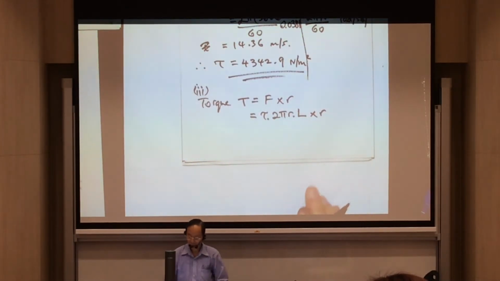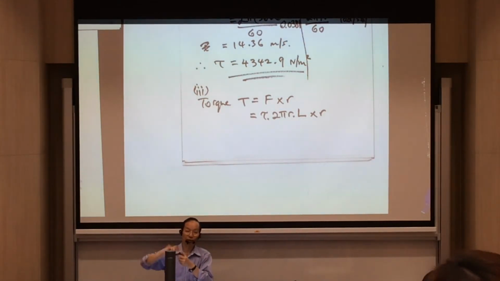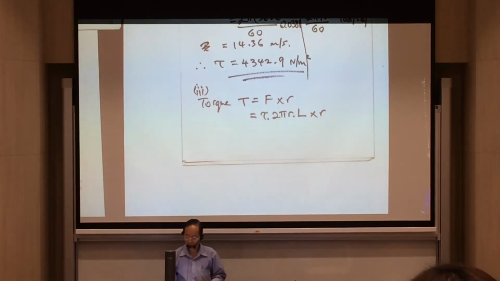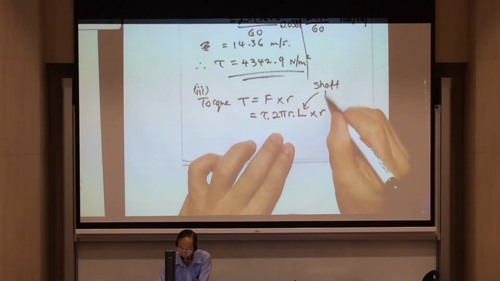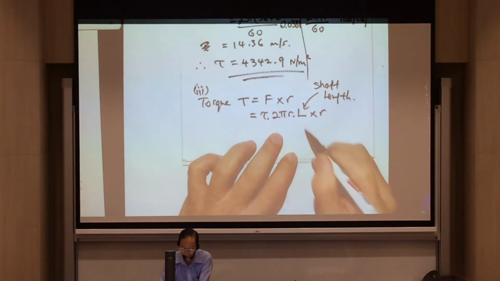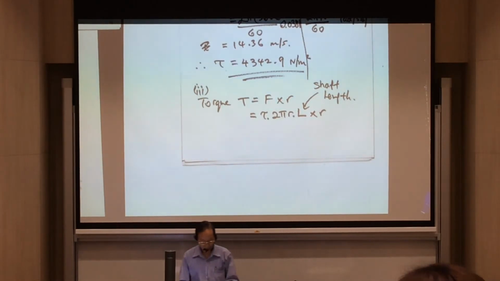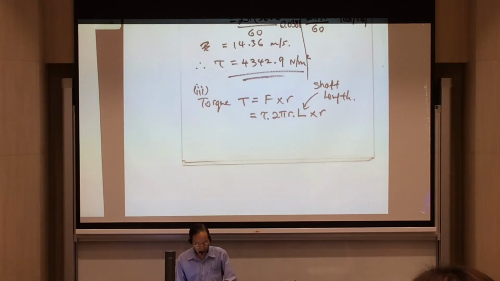And what is L? L is the length of the shaft. The shaft is just going reciprocating, so the length is the shaft length. In this case all the values are known.